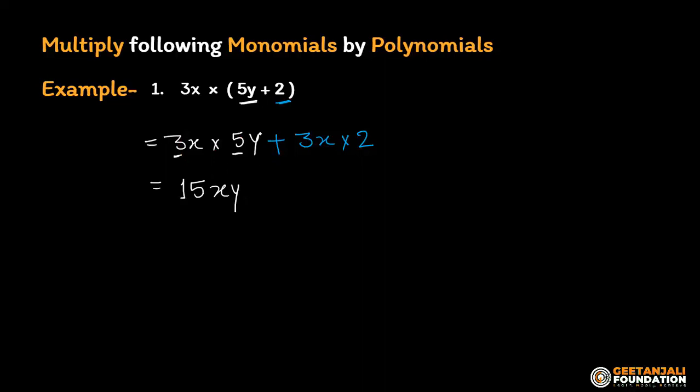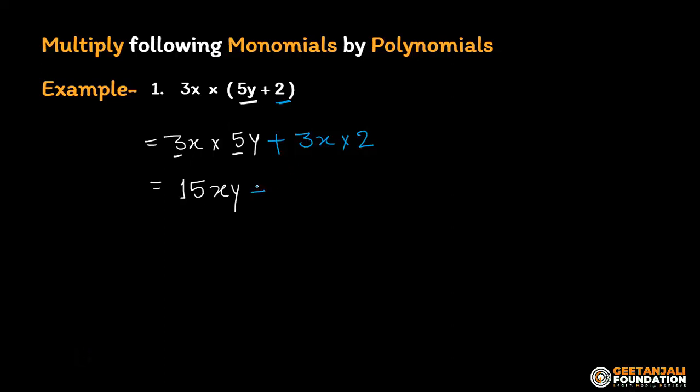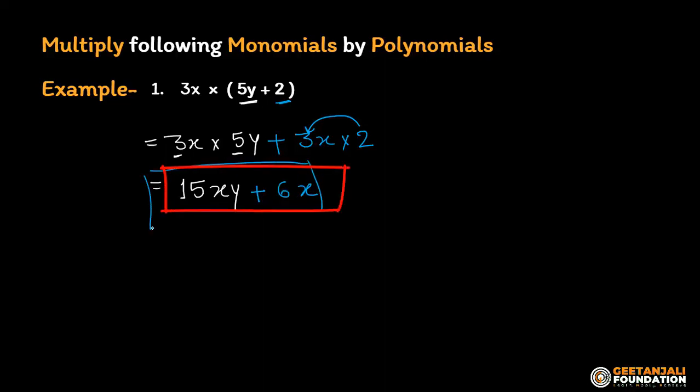Then we will take the second term and there will be a plus sign between them. You can see there is no variable over here, so only numerical factors will get multiplied. So 3 2s are 6 times x. So this is your final answer. So you need to apply distributive law first, then in each term you multiply as if you are multiplying monomials.